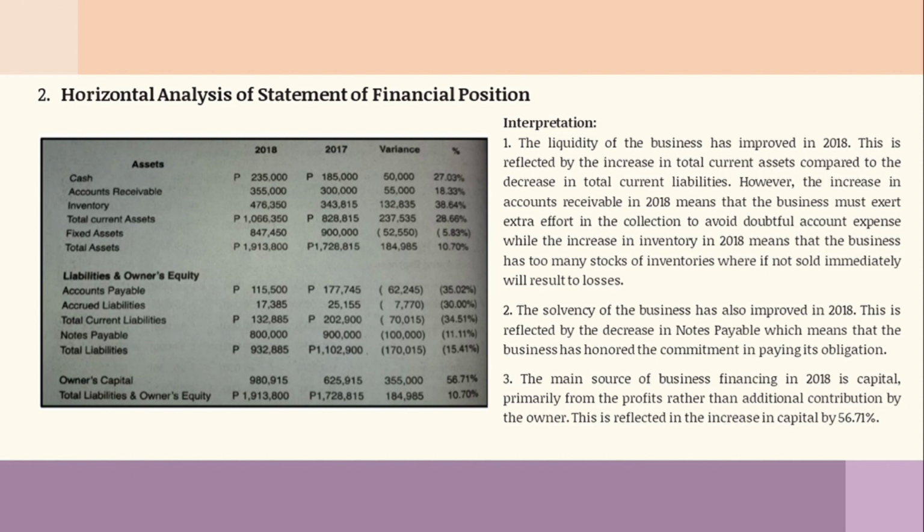Kaya this only means na the company has a stronger ability to meet its short-term obligations and carry niya makover ang day-to-day operational expenses. So pag the increase in current assets relative to current liabilities suggests that the business has more resources available to pay off its short-term debts.